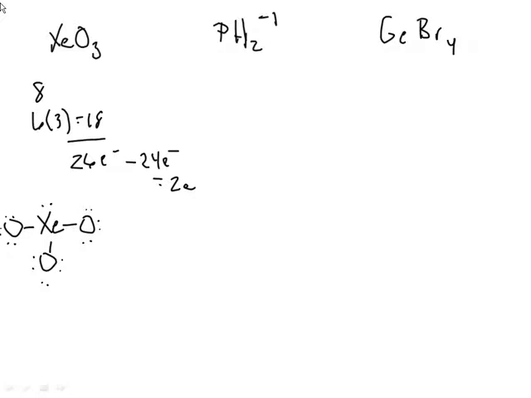So when I look at my central atom, I see that it has 3 bonds and 1 non-bonding pair of electrons. And if you check page 121, you'll see that 3 bonding and 1 non-bonding leads you to trigonal pyramidal. So the shape is trigonal pyramidal.